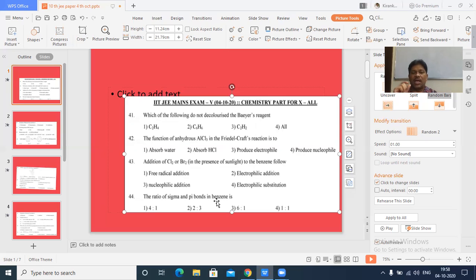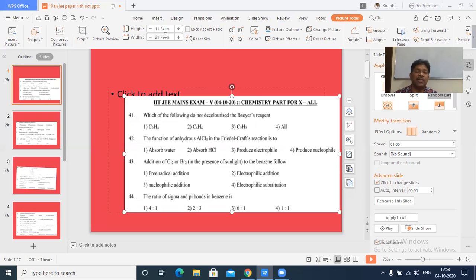And to every carbon atom, one H is attached by a sigma bond. So between carbons there are 6 sigma bonds, and between carbon and hydrogen there are also 6 sigma bonds. Totally 6 plus 6, 12 sigma bonds are there, and 3 pi bonds.